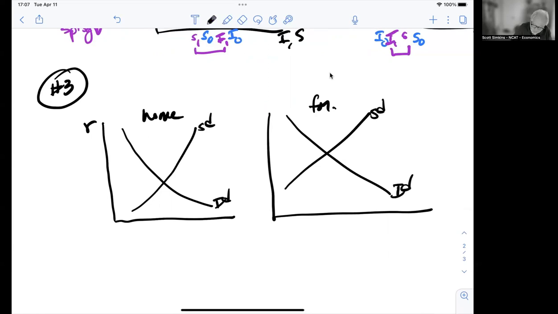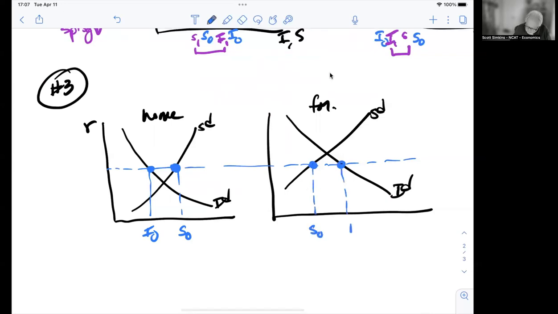The equilibrium real interest rate is going to be about there, where these two differences, right, are the same. Called A, B, C, and D. So A, B equals C, D, those distances.